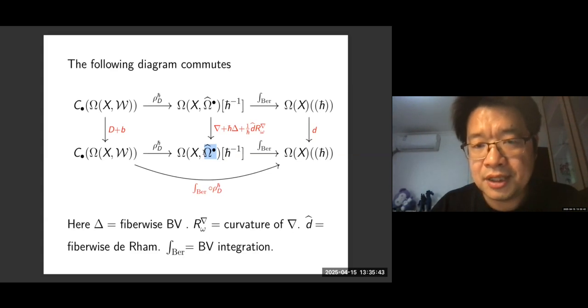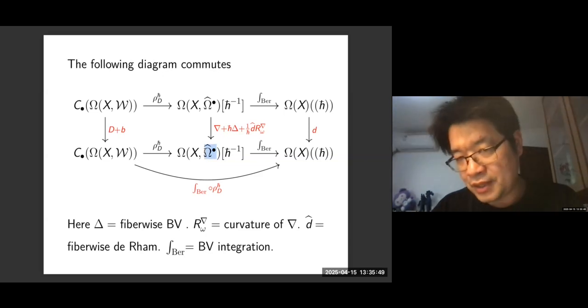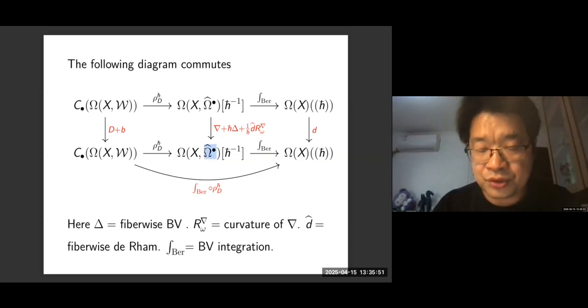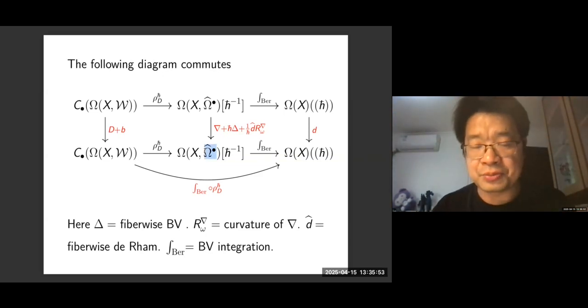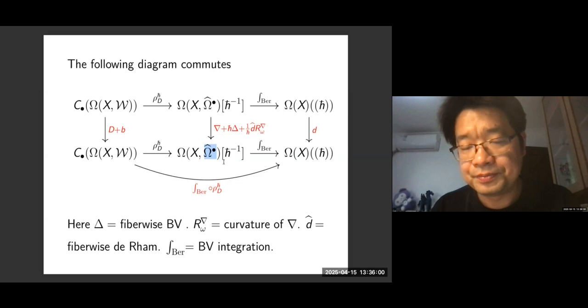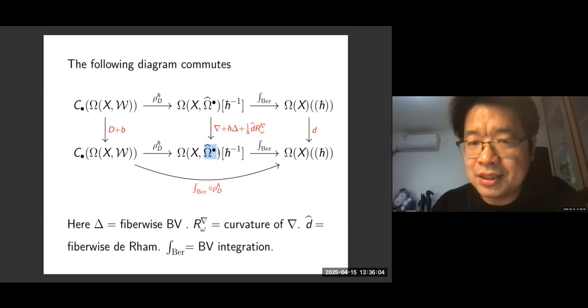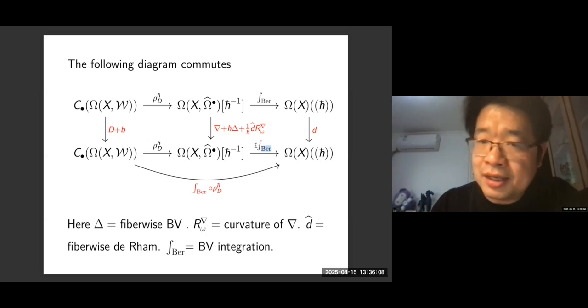That's the Lie derivative with respect to the fiberwise Poisson bivector. And there's a standard way in physics: whenever you have this kind of BV algebra, you can do a so-called BV integration along some Lagrangian subspace. This Lagrangian subspace is related to the gauge fixing condition.